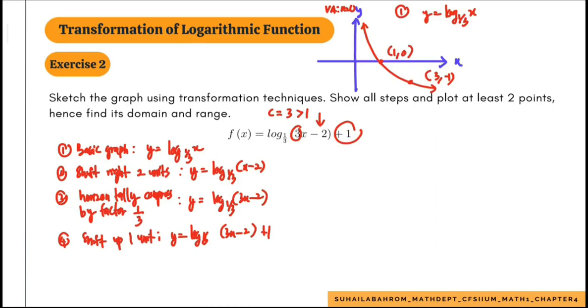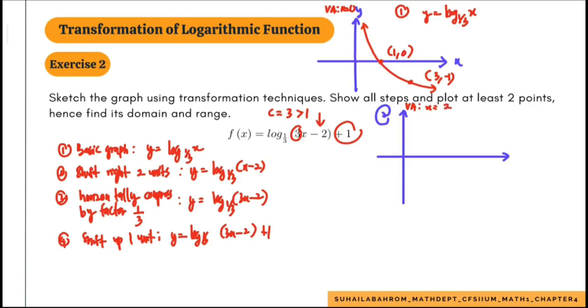And then the second graph. Let's draw the second graph. The graph will shift to the right 2 units. When the graph shifts to the right 2 units, we will have a new vertical asymptote. Originally it is on the line x = 0, so now our new vertical asymptote will be x = 2.